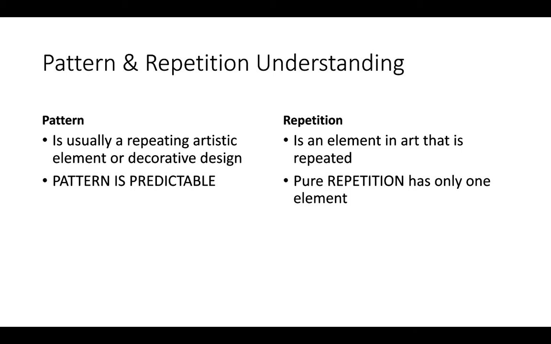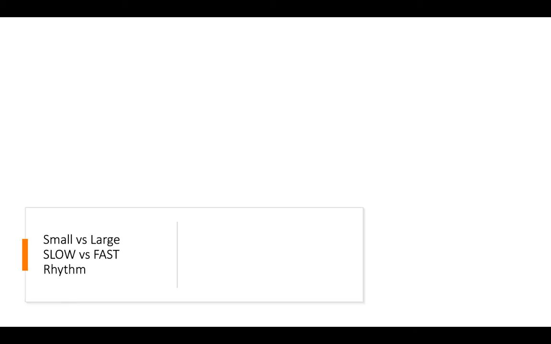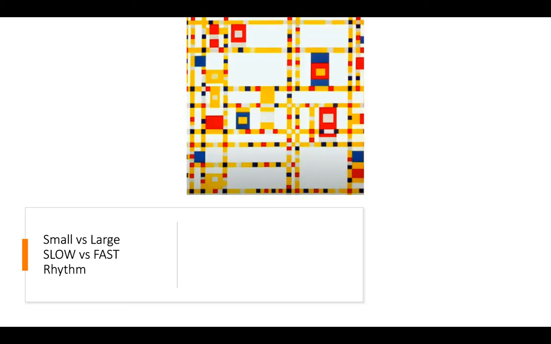Now let's talk about small versus large and slow versus fast rhythms to give you some more in-depth examples. If the elements are small, let's say you take a picture and you have many elements within it that are small, your eyes will jump around softly like a grasshopper.